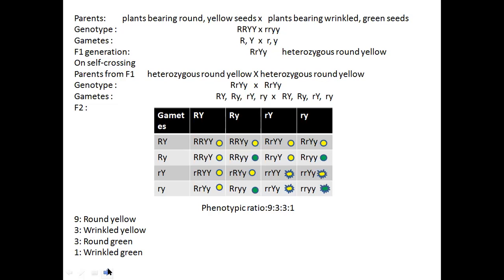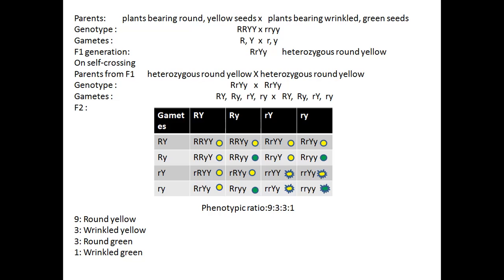The gametes carry capital R, capital Y, and small r, small y. When they fuse together, they produce the plant capital R, small r, capital Y, small y. Unlike the parental plant, this plant was a heterozygous round yellow plant.